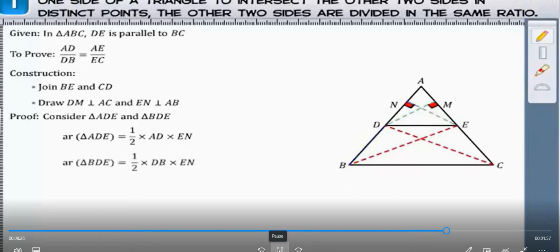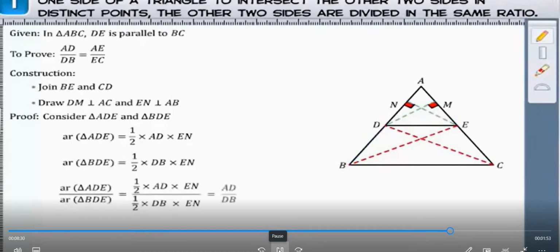Now, let's divide the areas of the two triangles. On simplifying, we can see that the area of triangle ADE divided by the area of triangle BDE is equal to side AD divided by side DB. Let's assign this observation as equation 1.